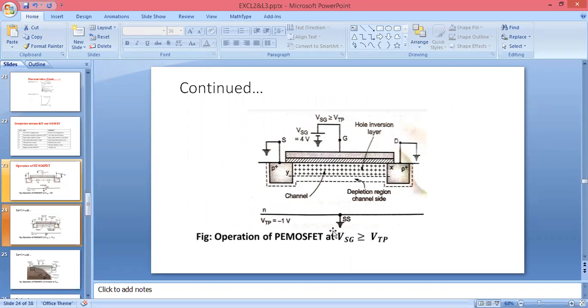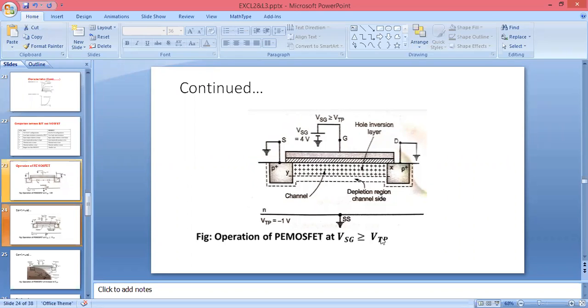in N channel enhancement MOSFET what did we have to do? We were taking two heavily doped N regions there. That's why we were giving positive VGS. But here in P channel, we are taking P type of semiconductor. That's why we have to give here VSG, or you can call it minus VGS.